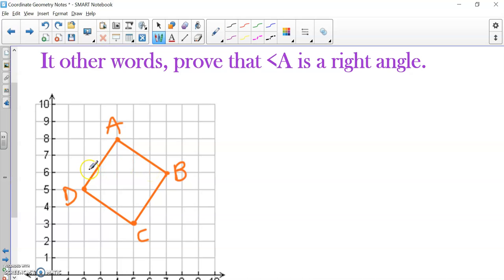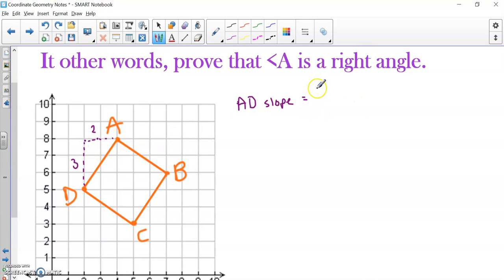So the slope of AD, we're going to go ahead and figure out our rise and run. So we know that the slope of AD is going to be, well, this height here is 3 and it moved up, so it's a +3. And this run is going to be 2 boxes, and it's positive because we're moving to the right.